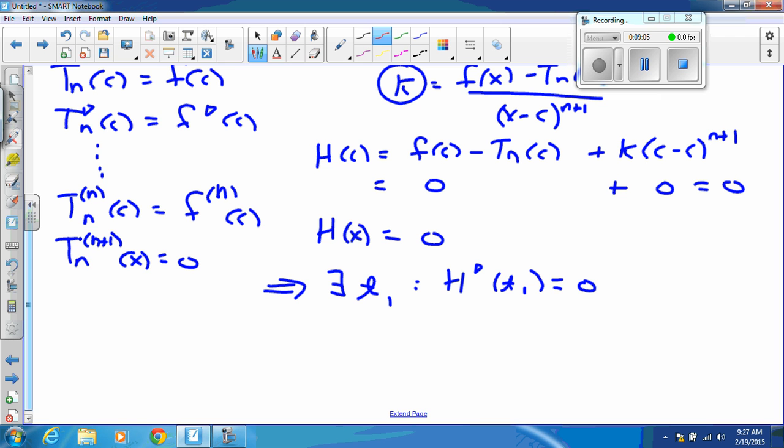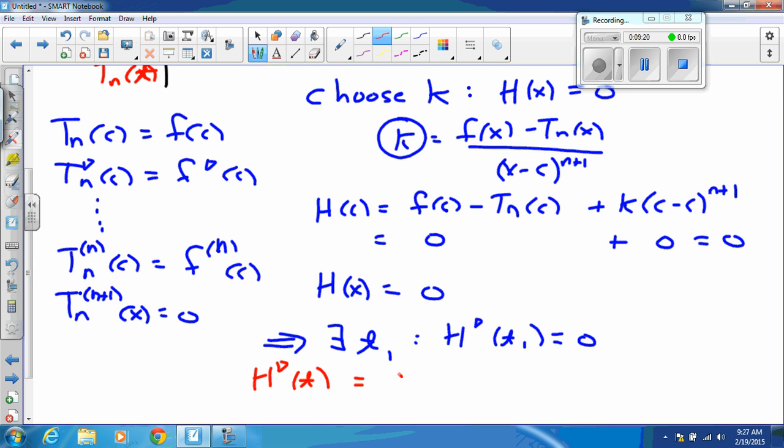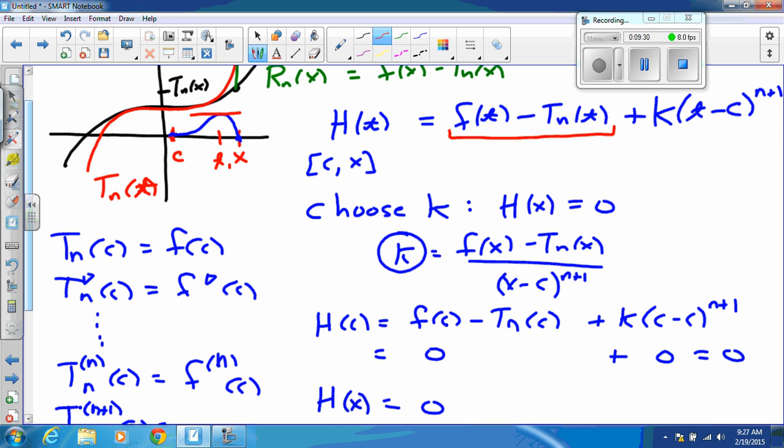Because h prime of t1 is equal to 0, let's examine h prime of t a little bit. H prime of t, according to the way that we've constructed it, should be equal to, help me out, f prime of t minus t n prime of t, plus the last term is like so.